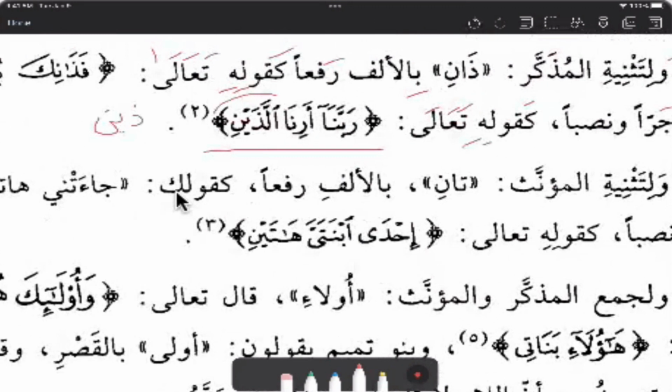This is al-ladhaini. That's ism mawsul, not ism Ishaarah. In the Quran, what I learned here, I have my notes that I wrote by my hand, is that there is no example in the Quran for dhaini, the ism Ishaarah, in the dual form with a ya.